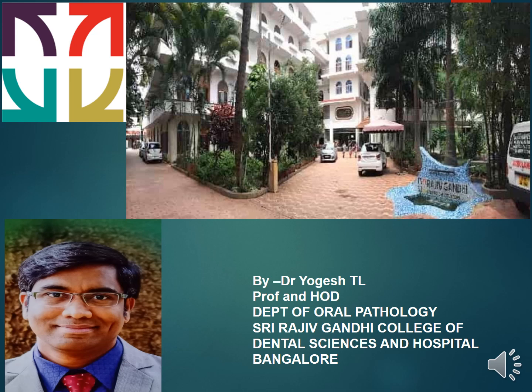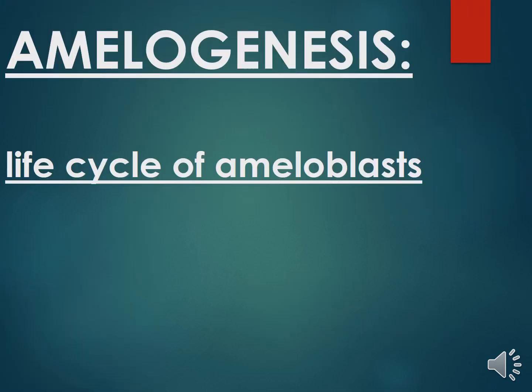Of Dental Sciences, Bangalore. Today I am going to talk about amelogenesis, that is the formation of enamel, which is otherwise explained by the term life cycle of ameloblast. As we all know, enamel is the hardest structure in the human body. It is harder than the bone.